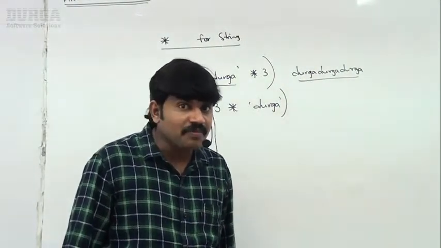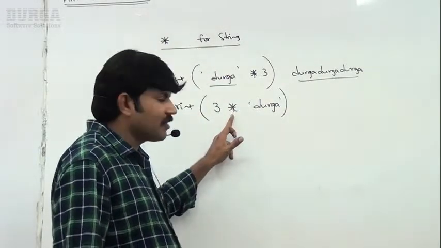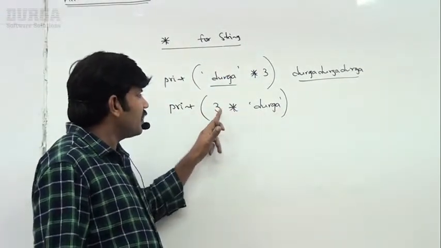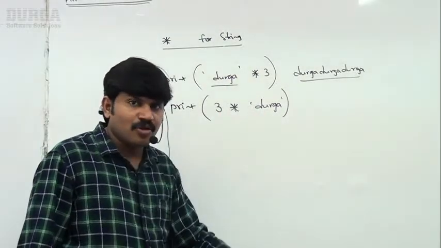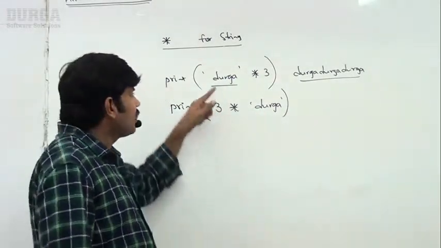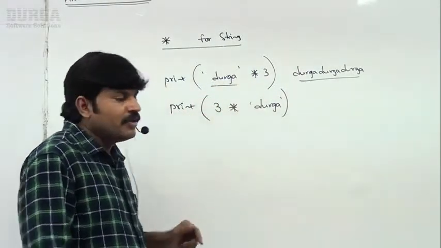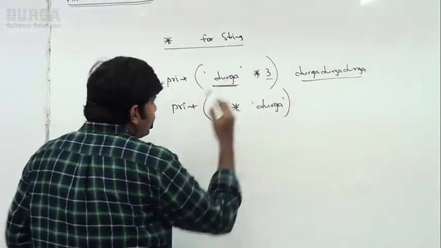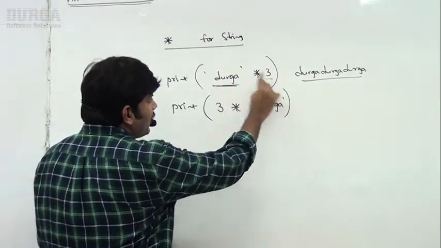Remember that whenever we are applying the star operator, one argument is a string and the other one is an int value, right? Here you can take any order, no problem at all. Either string followed by int or int followed by string. If string followed by int, repeat this string 3 times.